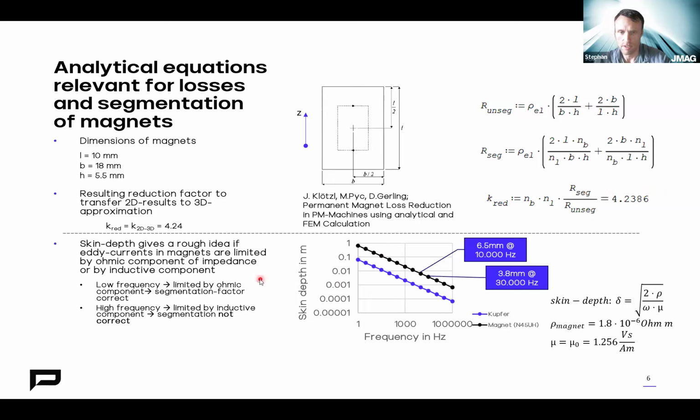As said, this approach bases mainly on the ohmic component of the losses. So if you use this value to divide the FEA simulated losses, then you suppose that the frequency components inside the eddy current loss are quite low.